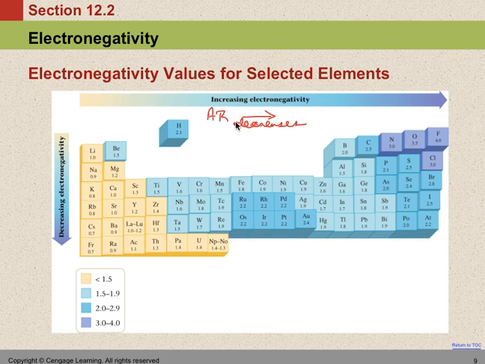Atomic radii decrease going this way. Why is that? Because remember, for every place I move across, I'm adding one more proton. Okay, but I'm adding electrons to the same energy level.